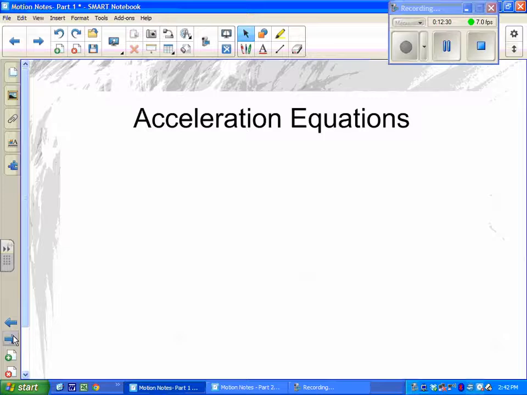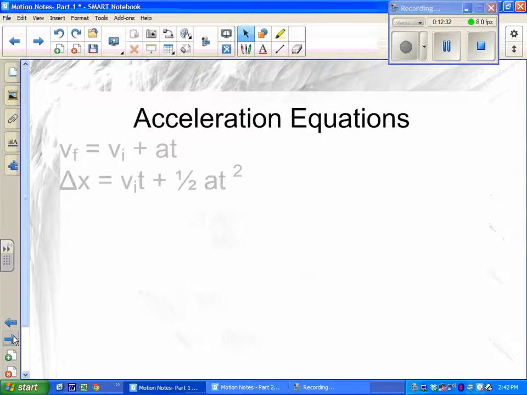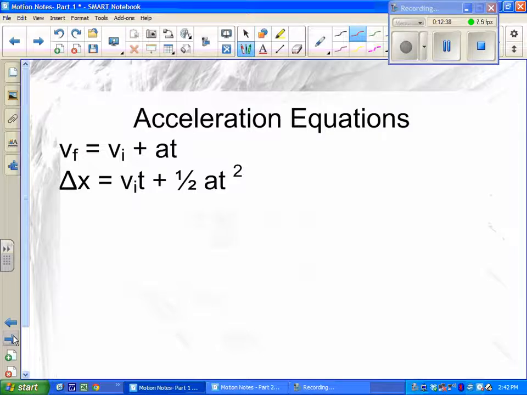Equations. For acceleration, we have 2 equations. There they are. And a few terms we need to know. Vf is the final velocity.